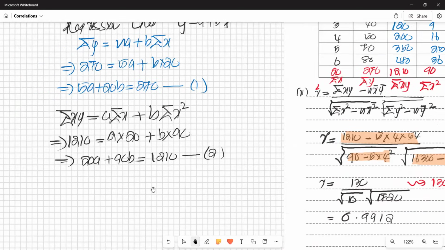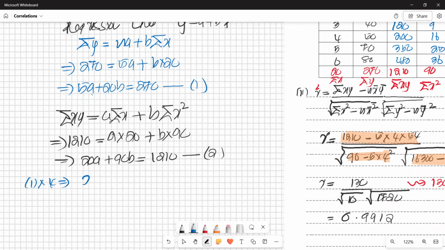Now, it is easy to eliminate a. Multiply the first one by 4, so we get 20. Therefore the first one multiplied by 4, all multiplied by 4.